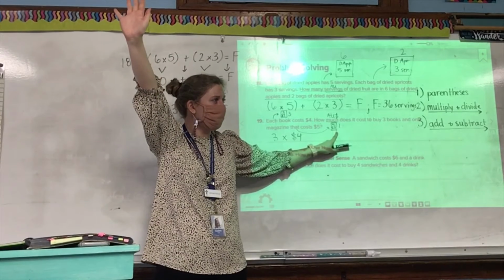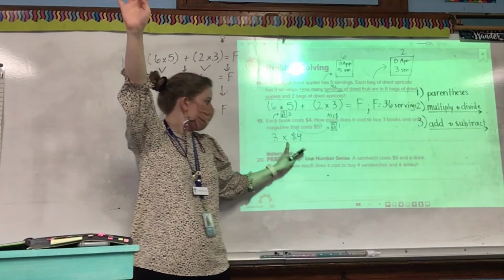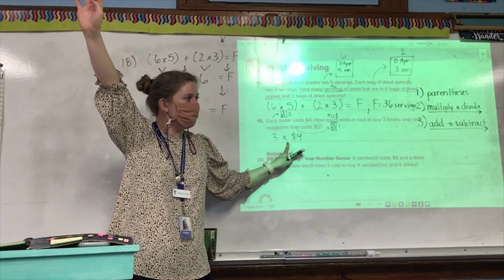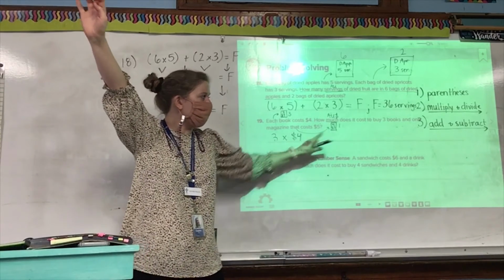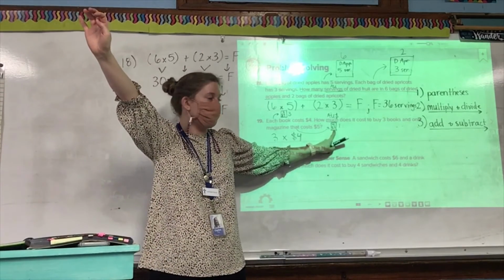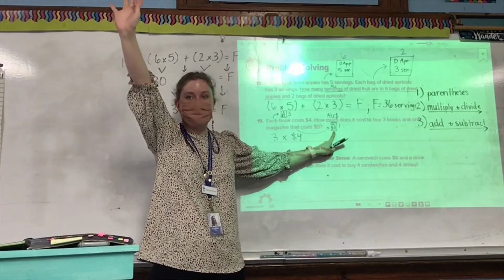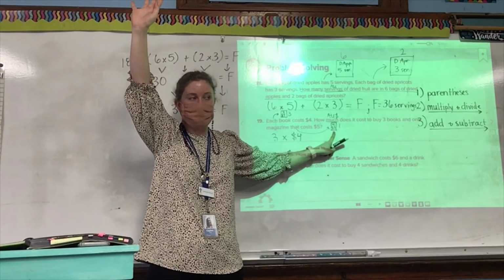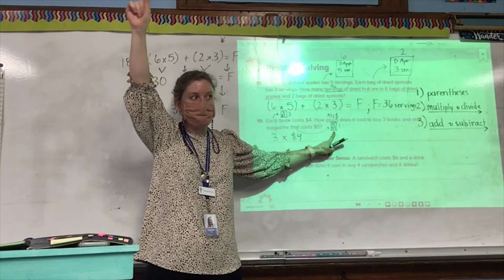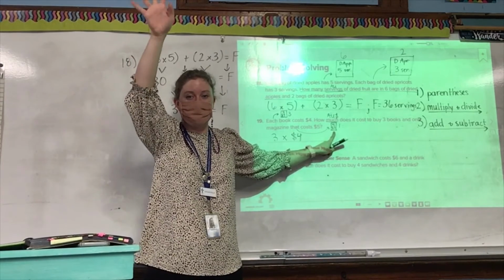Why do I not need to write another multiplication problem for the 1 magazine that's $5 each? Some of you, I think, know the answer, but you're scared.